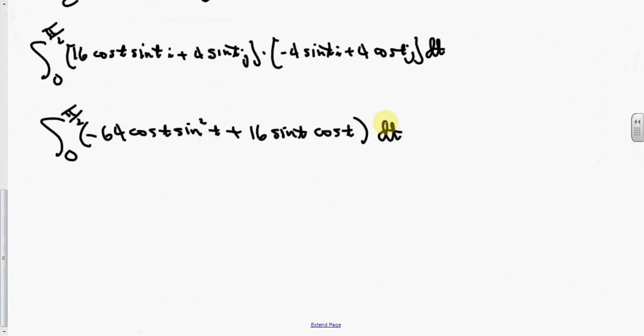All right. So for both of these, this will be two integrals, because of the plus sign. You let u equal to sine t. du picks up the cosine t.